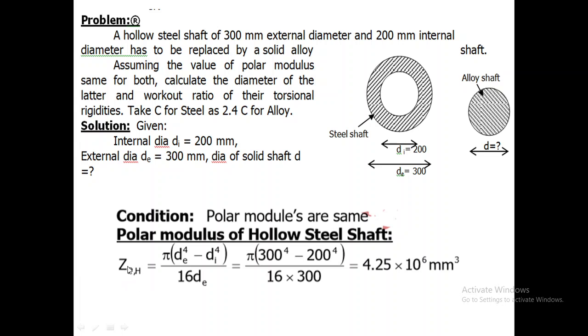ZP is called the polar modulus. So the polar modulus is equal to the polar moment of inertia J by R, where R is taken with respect to the outer diameter of the shaft here.